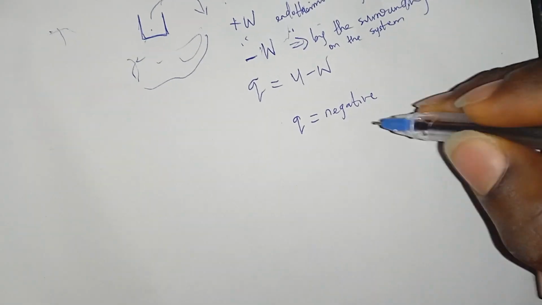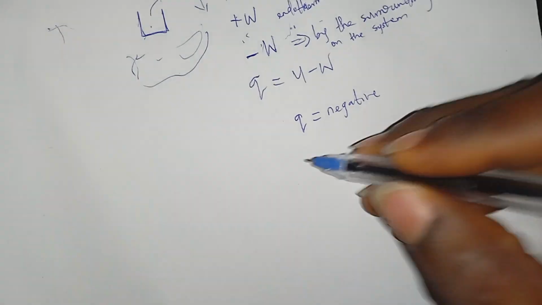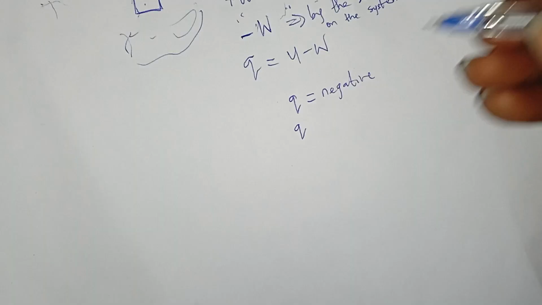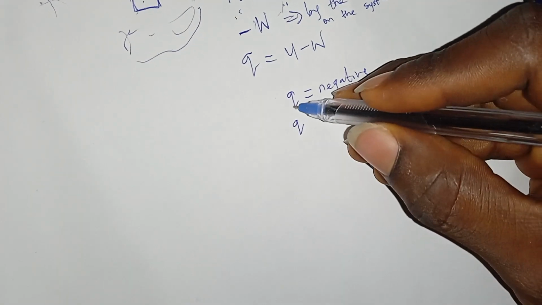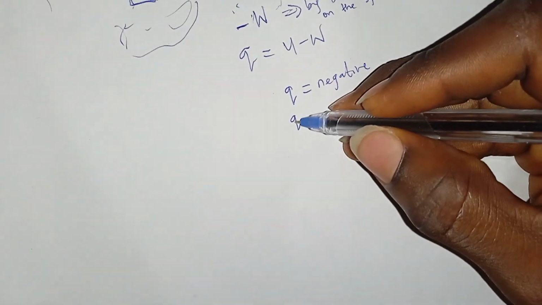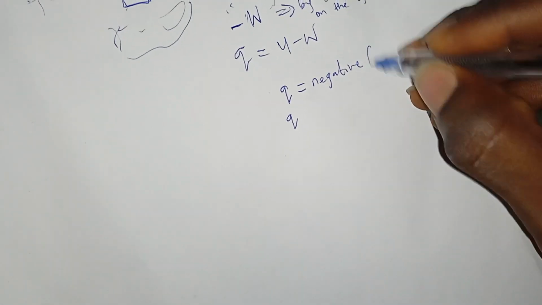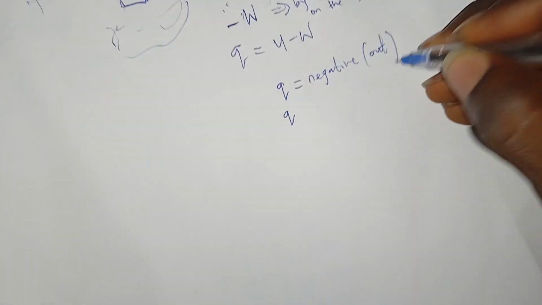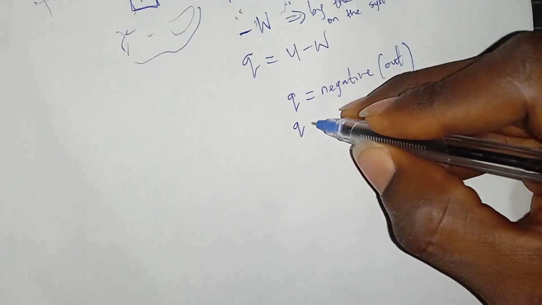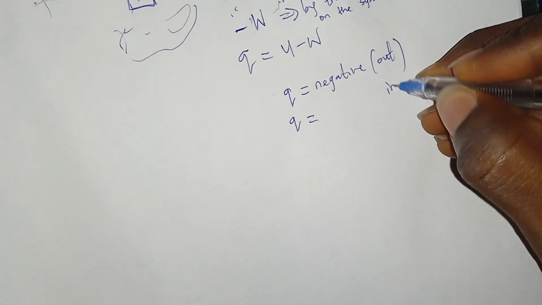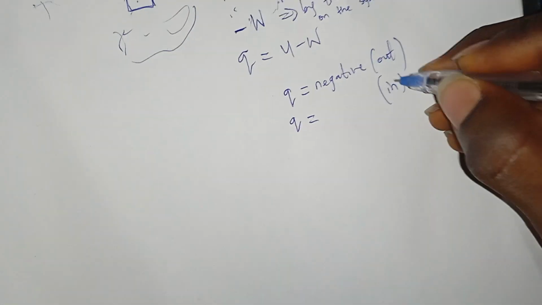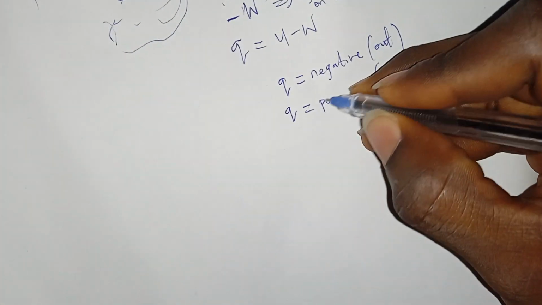Whenever work is done by the system, Q is negative. Q stands for heat going out and coming in. So whenever heat goes out, Q is negative. Whenever heat enters into the system, Q is positive.